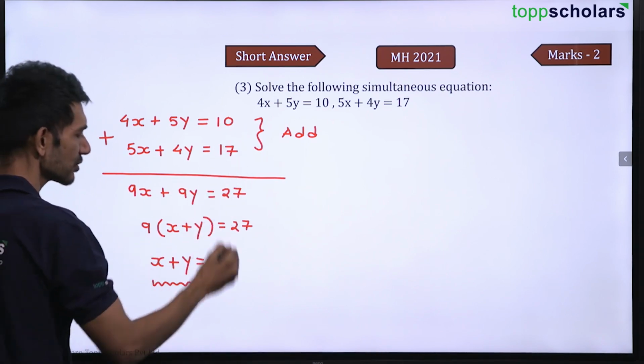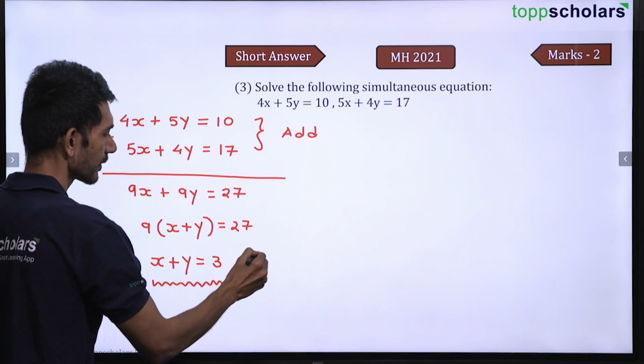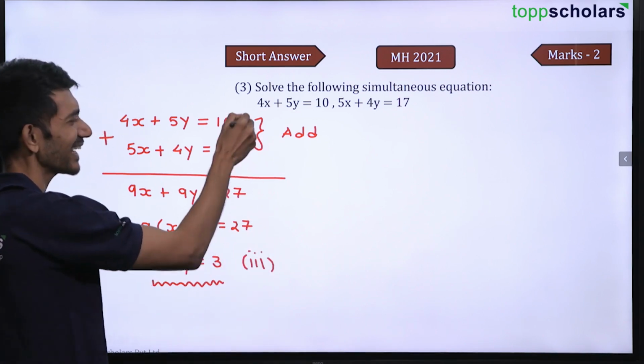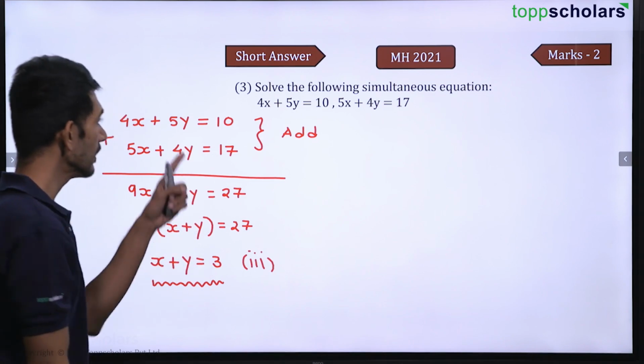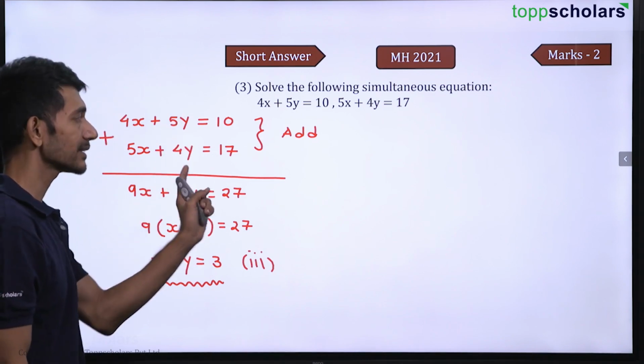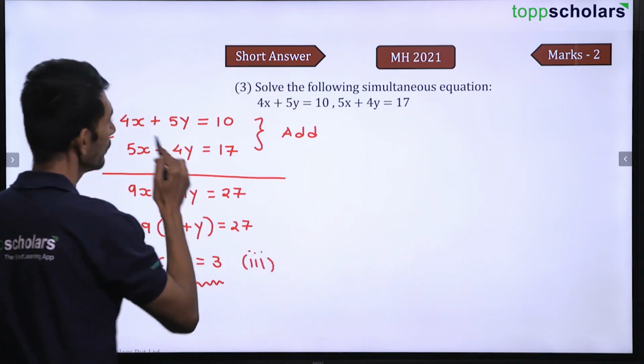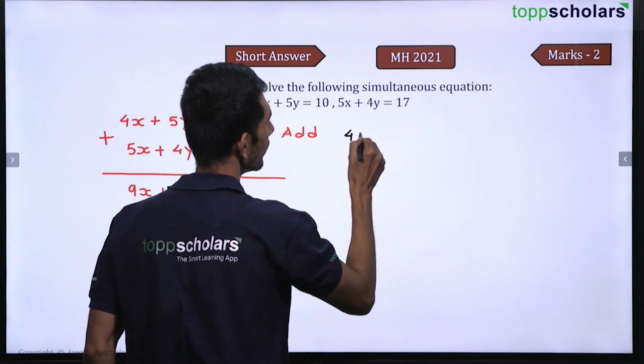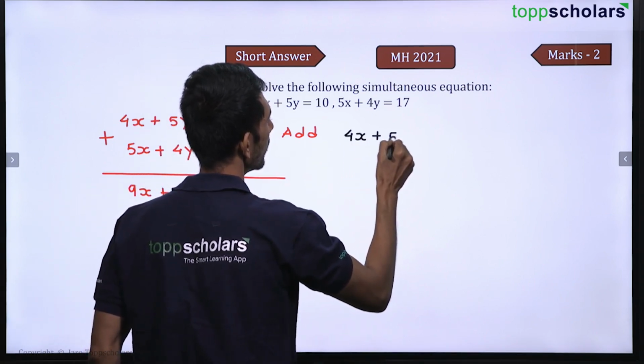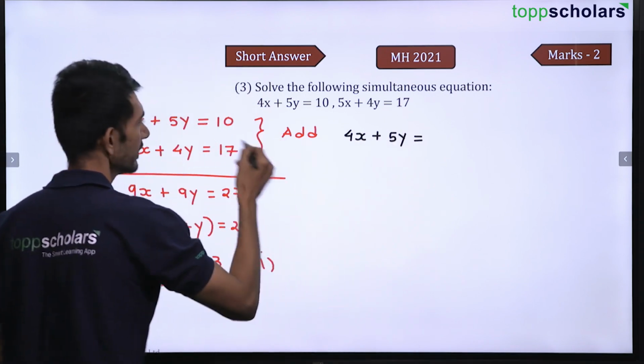Now suppose this is my new equation. Suppose this is 1, this is 2 and this is 3. Right? You can just write down 1 and 2 here. Now what you do is pick up both the equations and subtract them. So 4x plus 5y is equal to 10.